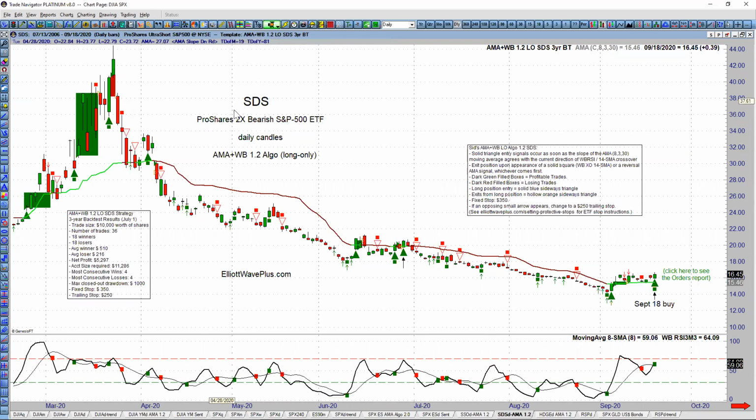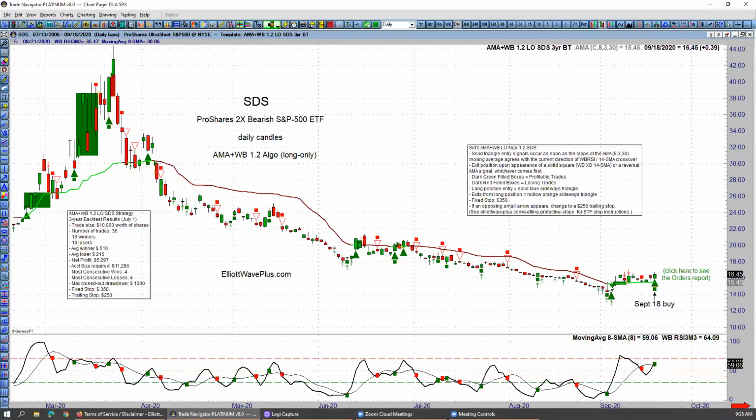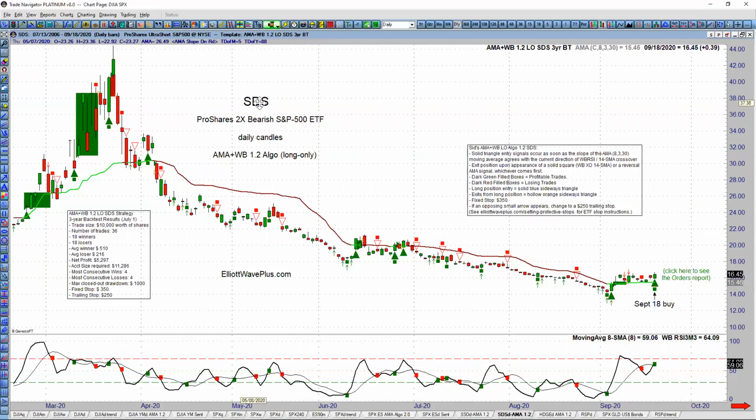on the 2 times bearish ETF SDS. This hasn't been giving many buy signals this year, as the price has reliably stayed pretty much below that AMA line. Adaptive moving average. In the case of this SDS, that adaptive moving average is set to 8, 3, and 30.